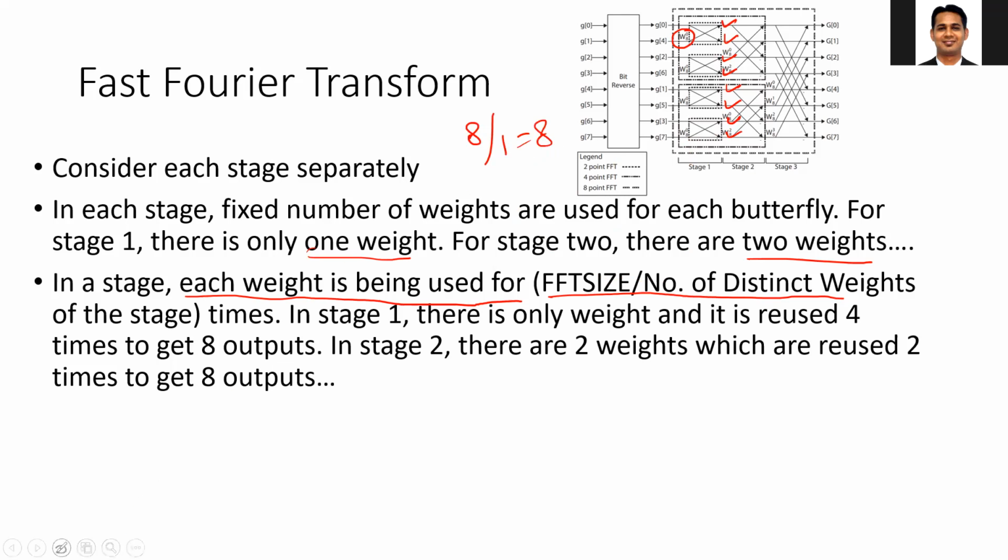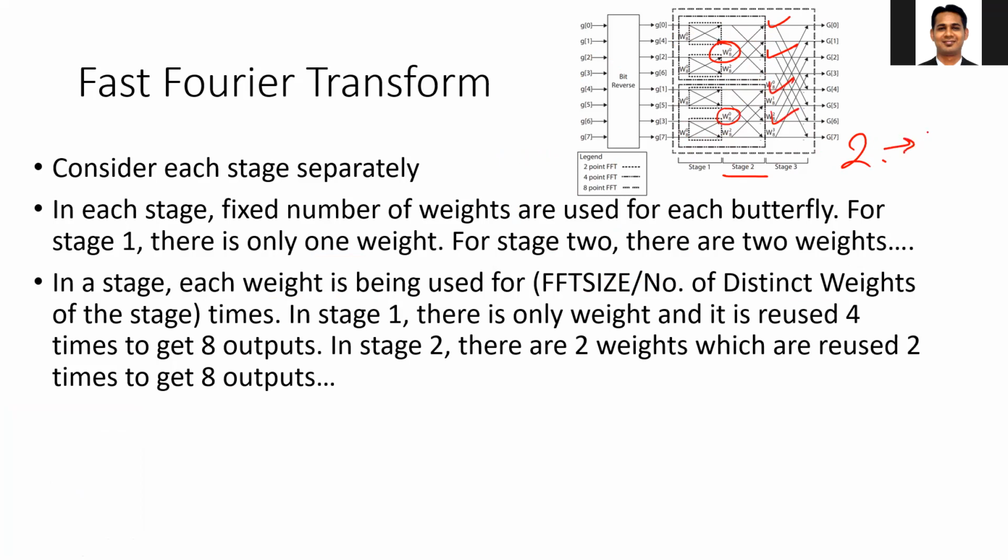Now if you look at the second stage, we have 2 weights. This weight is used for this output, then for this output, and the same weight is also here, used for this output and this output. So it is used 4 times. That is the FFT size 8 divided by 2 distinct weights, which is 4 times. So each weight is used that number of times.